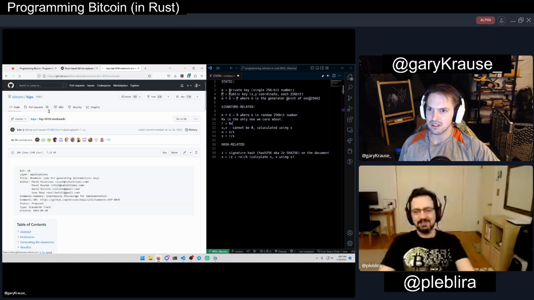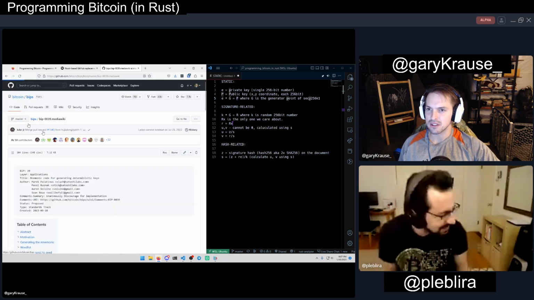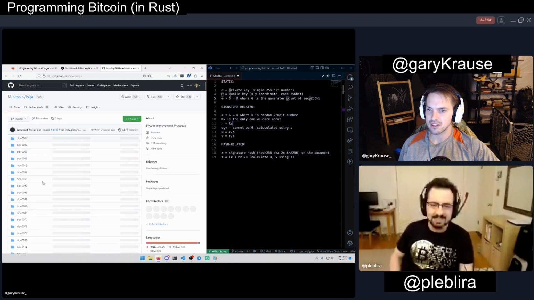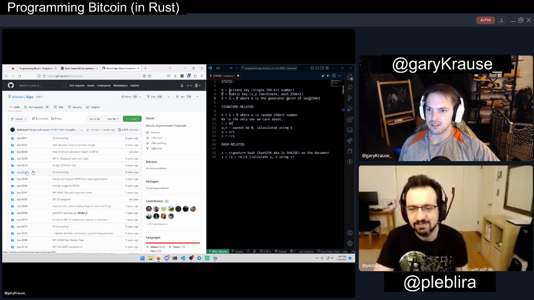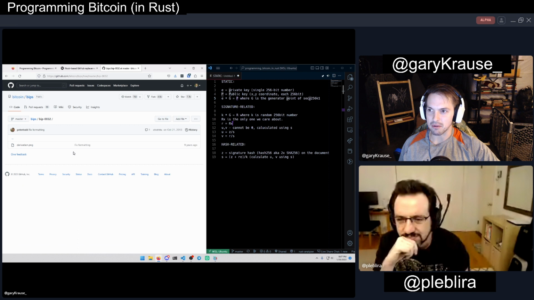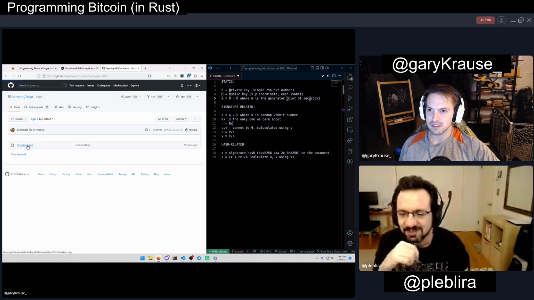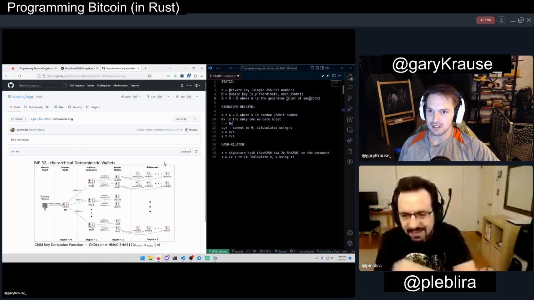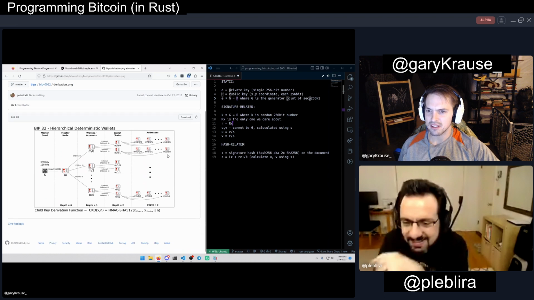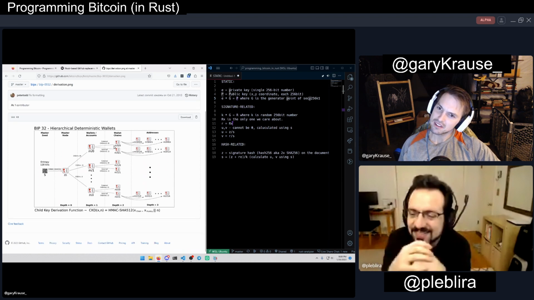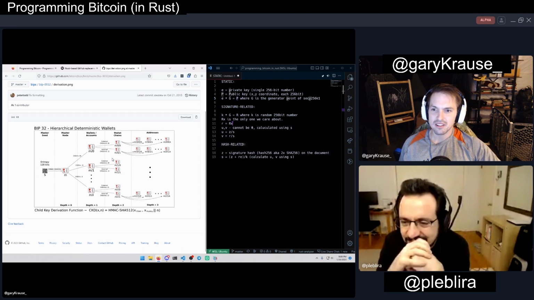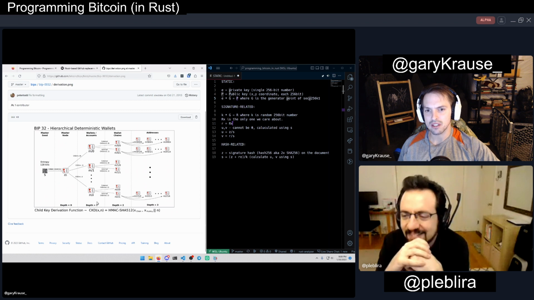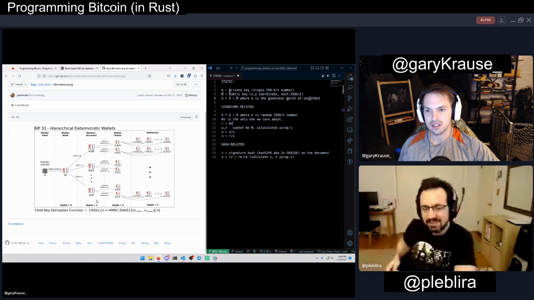Yeah, BIP 32, hierarchical deterministic wallets. See, I haven't gone down that rabbit hole. Child key derivation function. Oh, that's interesting. Oh, there are multiple depths.